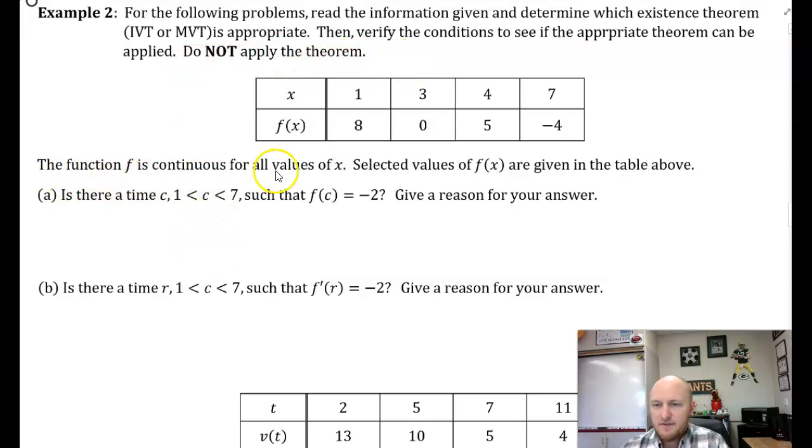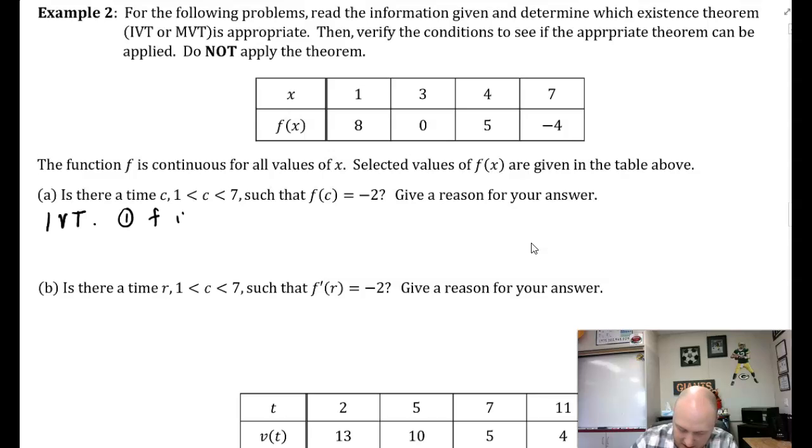The function f is continuous for all values of x. Selected values of f of x are given in the table above. A. Is there a time c, 1 less than c less than 7, such that f of c is equal to -2? Well, this is specifically asking about function values. It's not asking about derivatives. This is an intermediate value theorem problem. So, can it be applied? Well, condition number 1.